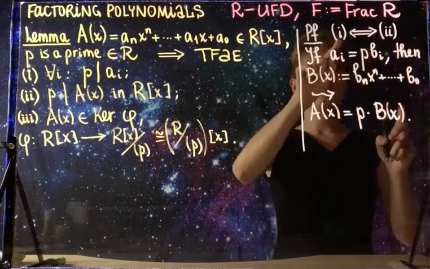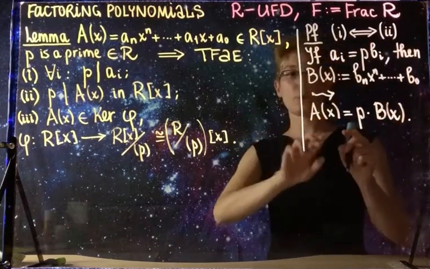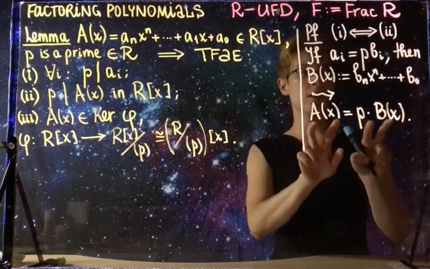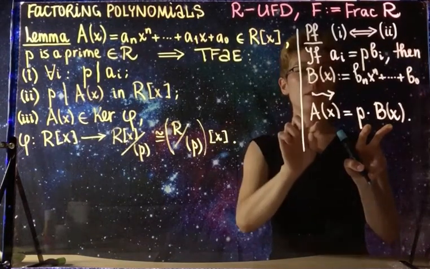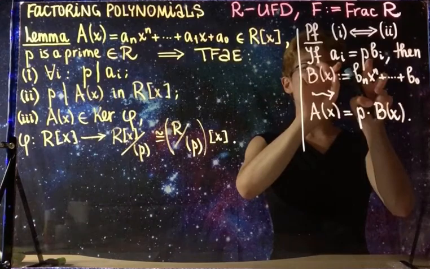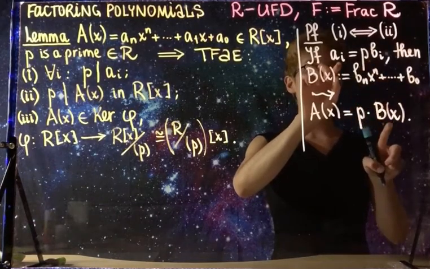And conversely, from 2 to 1, if we write A of x as such a product, then every coefficient a_i of A is written as a product of P by the corresponding coefficient of B.